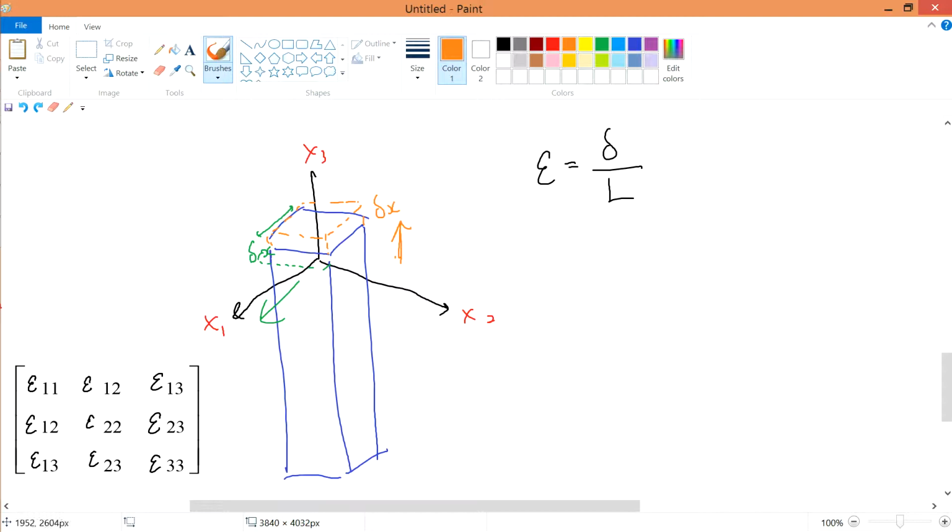So dividing by L, a very huge length, will give you a very small strain. On the other hand, this length itself is way shorter than what is given over here, and therefore this strain will be higher than your strain in that direction.